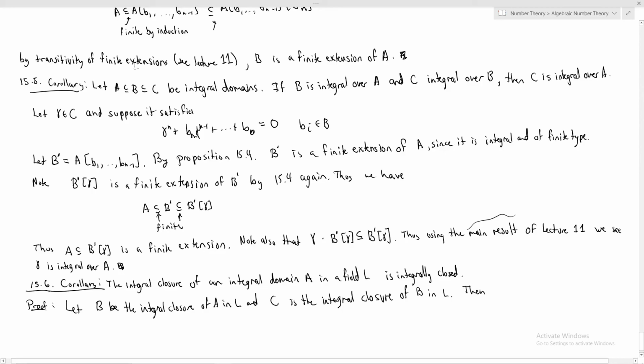Well, by transitivity, A is integral in B and B is integral in C, so A is integral in C. So C is necessarily a subset of B, because B consists of all the elements of L integral over A. Thus, B equals C. And B is integrally closed.